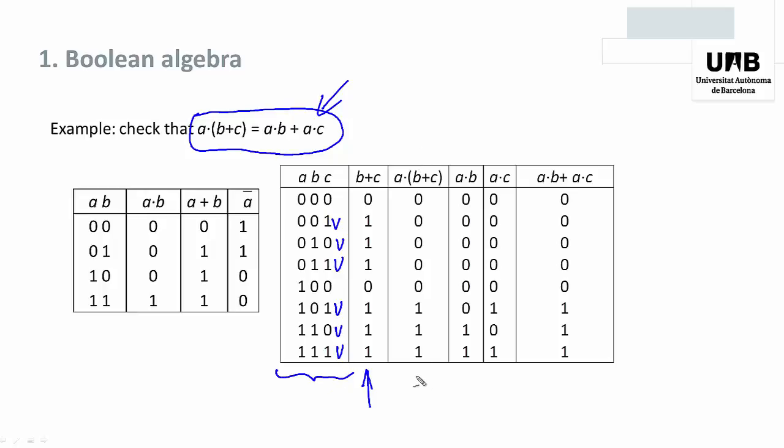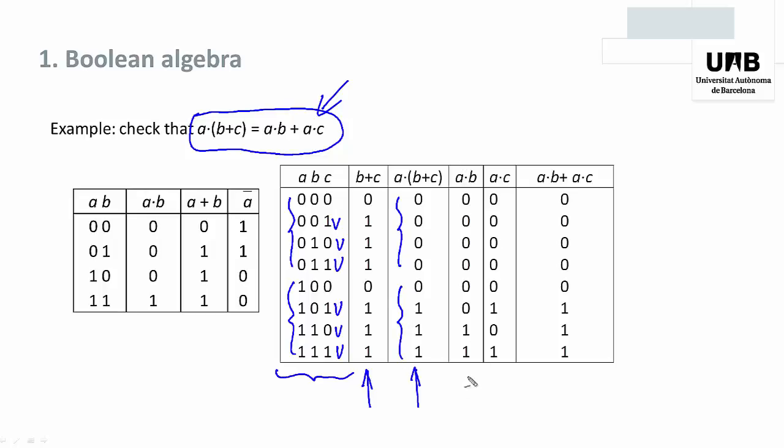Then we multiply B plus C by A. A is equal to 0 in the first 4 rows and to 1 in the other rows. Thus, A times (B plus C) is equal to 0 in the first rows, and it's equal to B plus C in the other rows.